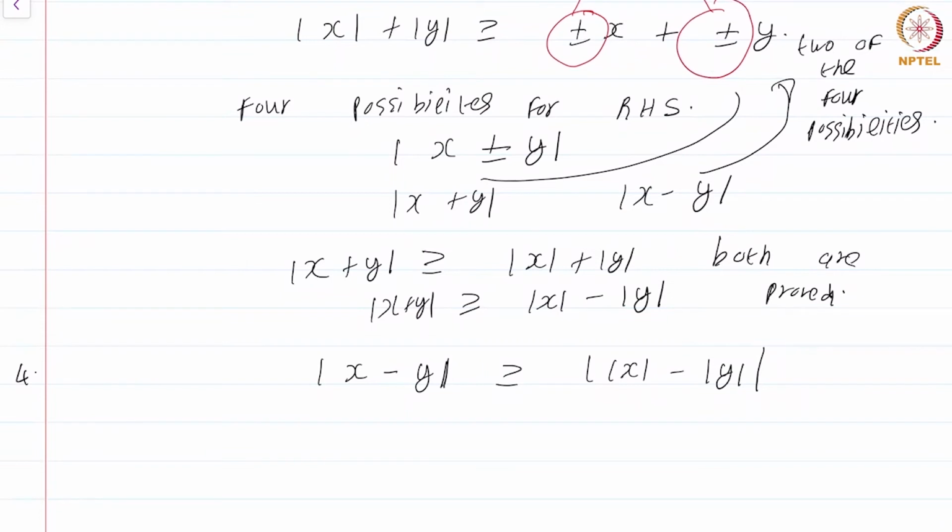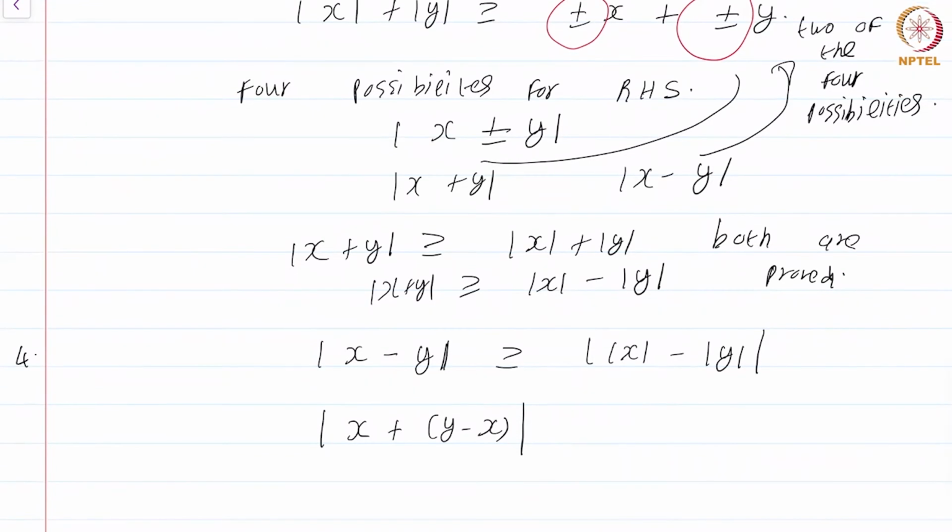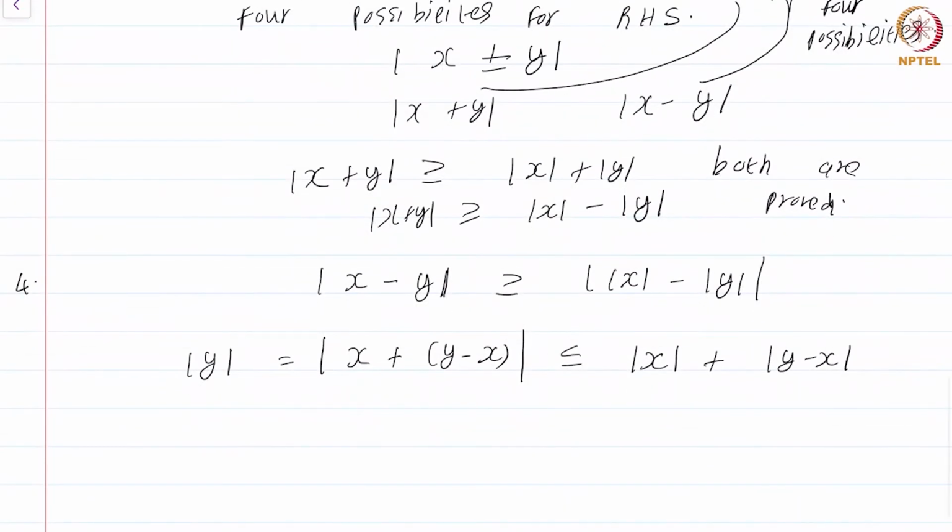Well, look at the modulus of x plus y minus x. This is by the triangle inequality less than or equal to mod x plus mod y minus x. Okay. But this is nothing but modulus of y. So you immediately get that mod of y minus x is greater than or equal to mod y minus mod x.